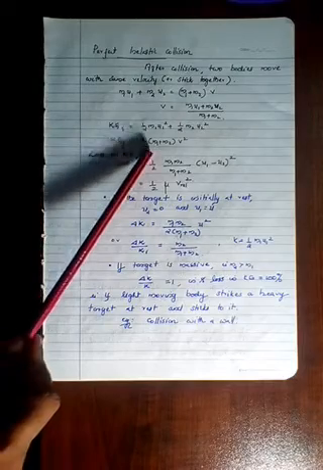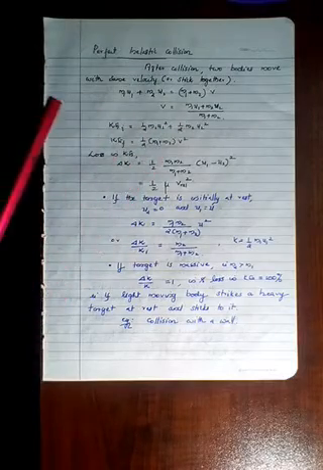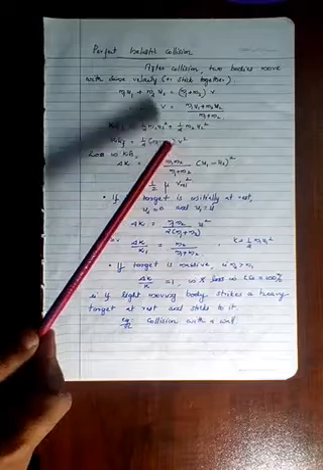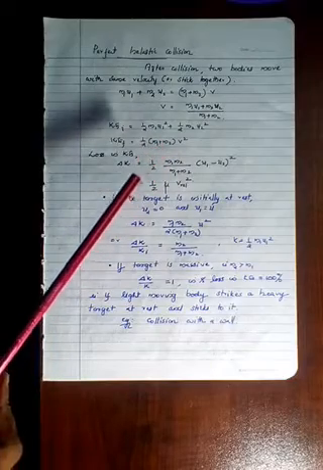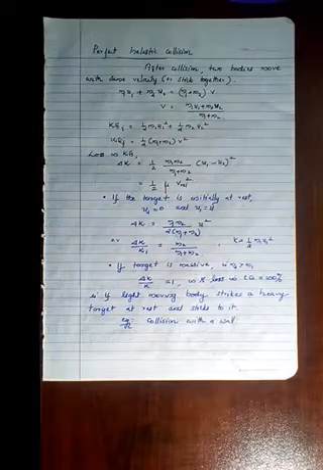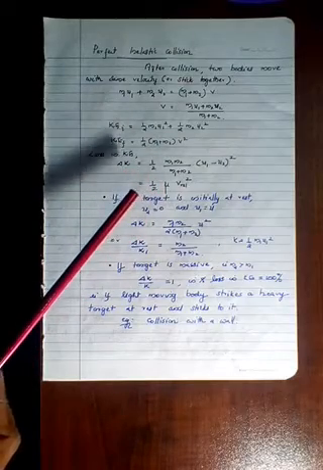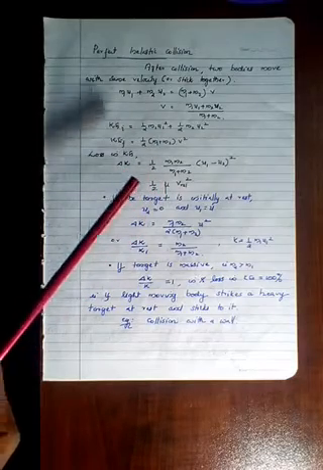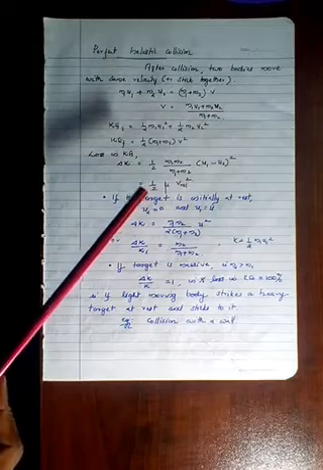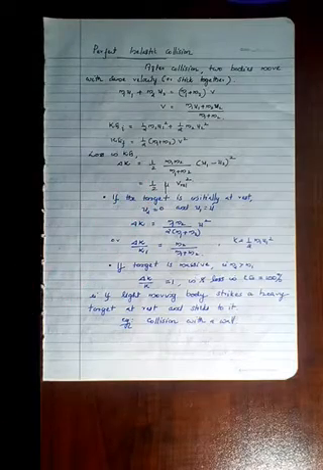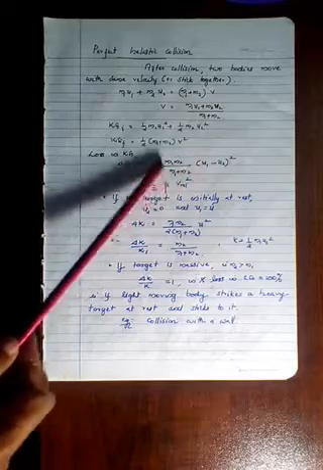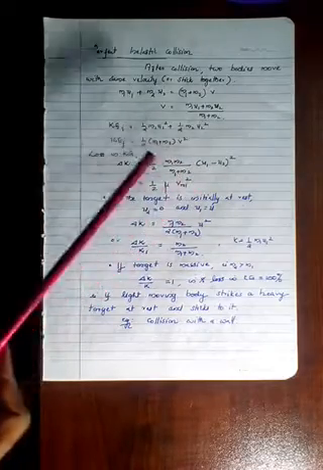The kinetic energy final becomes half into (M1 plus M2) into V square, as the bodies stick together and move with the common velocity V. So loss in kinetic energy, we get the very important concept as half M1 M2 by (M1 plus M2) into (U1 minus U2) the whole square. We can express in terms of the reduced mass, and U1 minus U2 is the relative velocity.